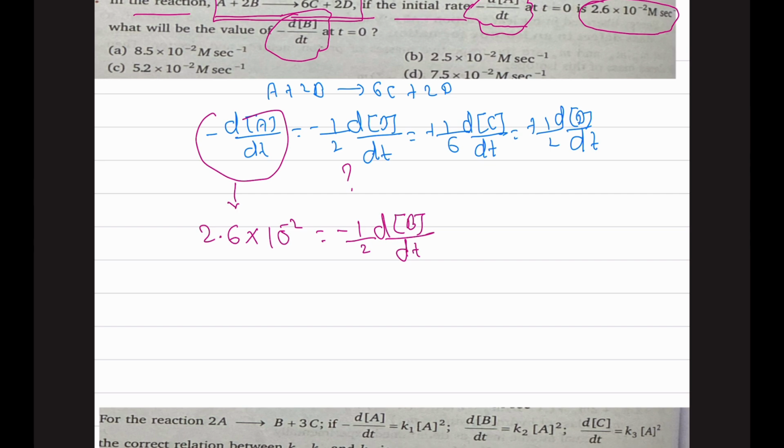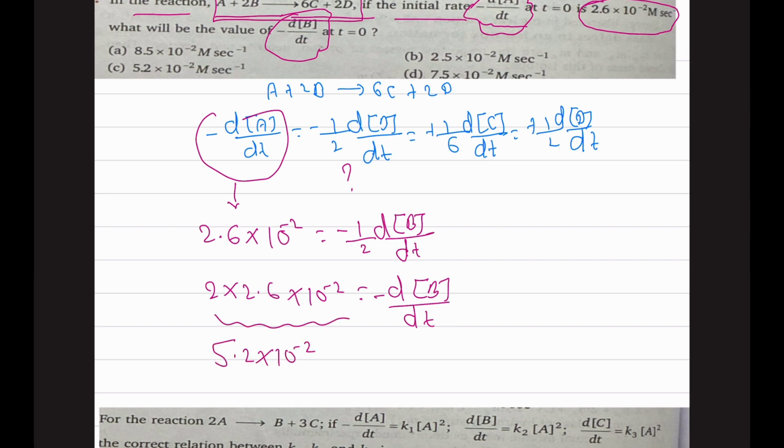Simply calculate it: 2 into 2.6 into 10 to the power minus 2. The negative sign represents disappearance of reactant. If you calculate it you will get 5.2 into 10 to the power minus 2 molar per second. So which option is correct? Option C.